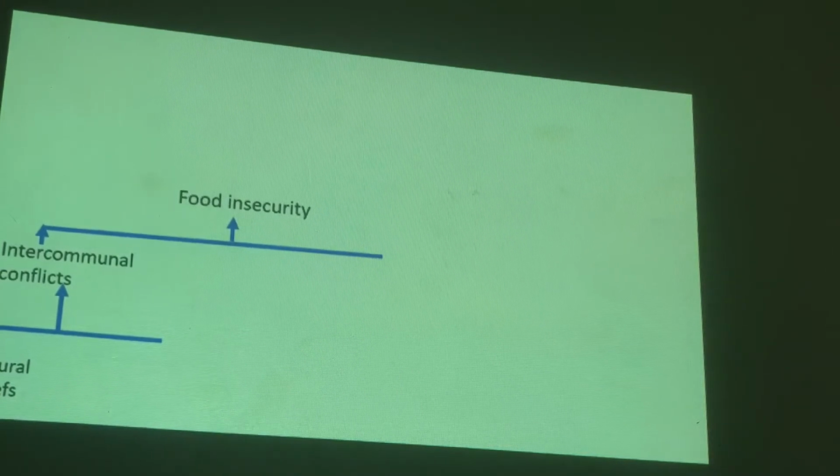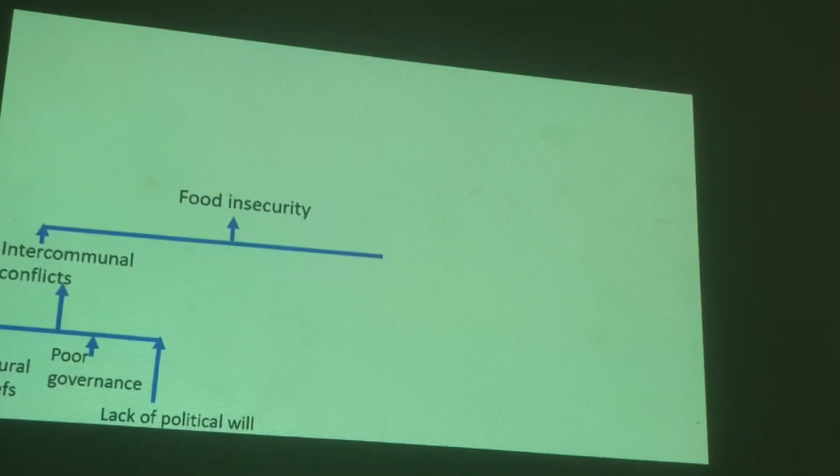They believe that this is an enemy, for example, we must raid. It can also be a result of poor governance. When there's no good governance, we can have intercommunal conflicts. But it can also be lack of political will. So, intercommunal conflicts can result from a number of reasons or causes, so to speak.